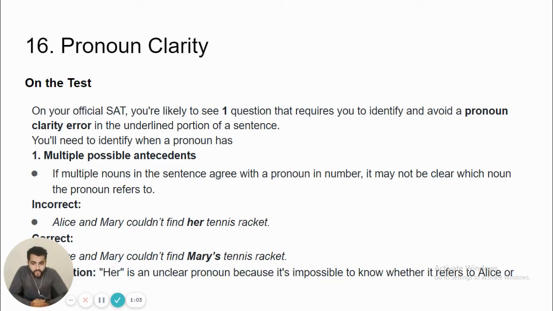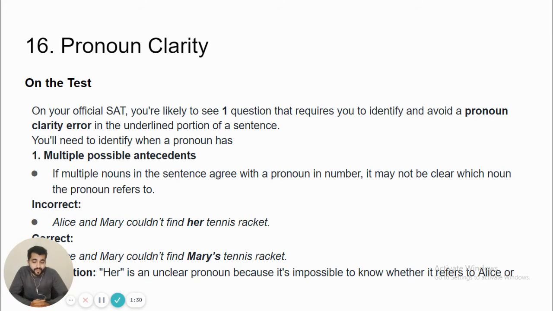So, on your official SAT, you're likely to see one question that requires you to identify and avoid a pronoun clarity error in the underlined portion of a sentence. You will need to identify when a pronoun has, number one, multiple possible antecedents. If multiple nouns in the sentence agree with the pronoun in number, it may not be clear which noun the pronoun refers to.